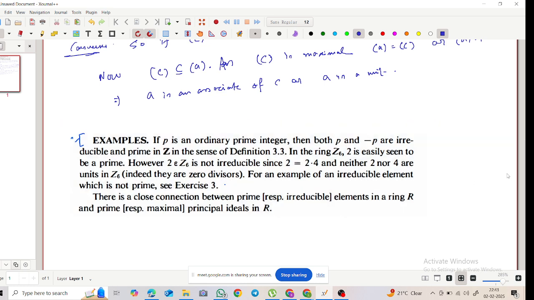Please go through this example once again. You have 2 minutes. Please see it.